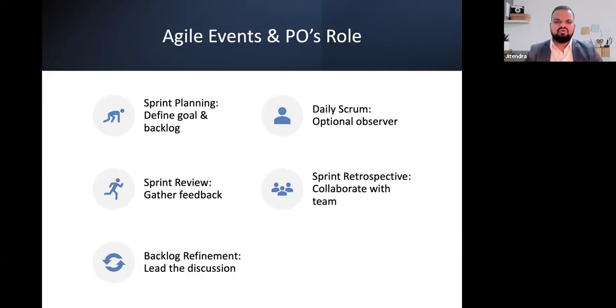Everyone has a different role. As a PO, you are there to set clarity on what the sprint goal should be. Define the goal, and also the backlog items, whatever clarity the team needs. In the daily stand-up meeting, it is not mandatory, but yes, you are there as an observer, and if the team needs clarity right after that, you can provide it.